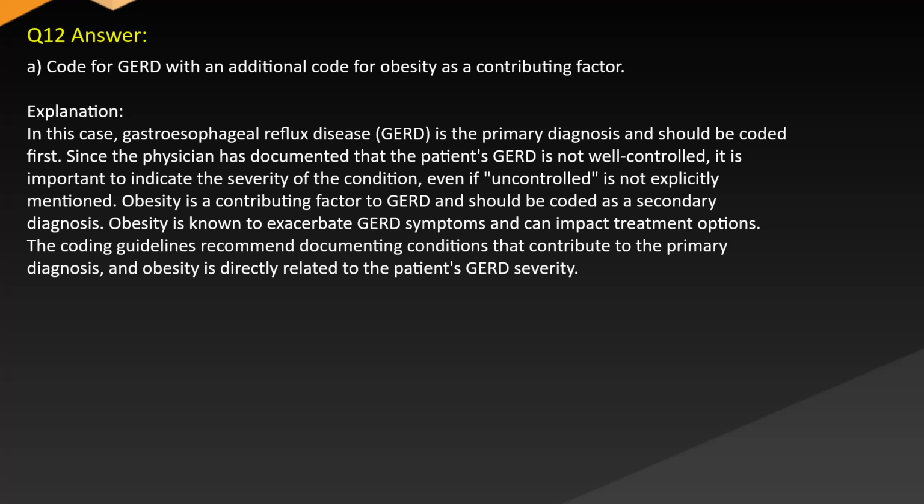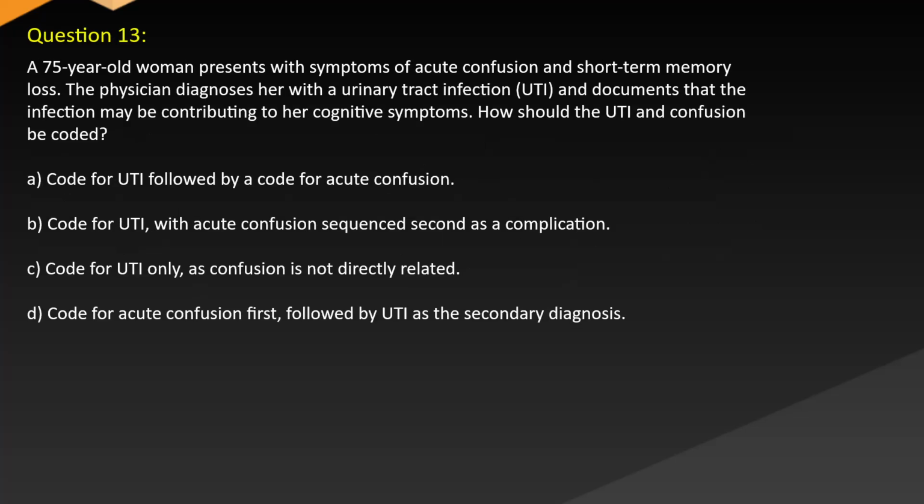Obesity is a contributing factor to GERD and coded as a secondary diagnosis. Obesity is known to exacerbate GERD symptoms and can impact treatment options. The coding guidelines recommend documenting conditions that contribute to the primary diagnosis, and obesity is directly related to the patient's GERD severity.